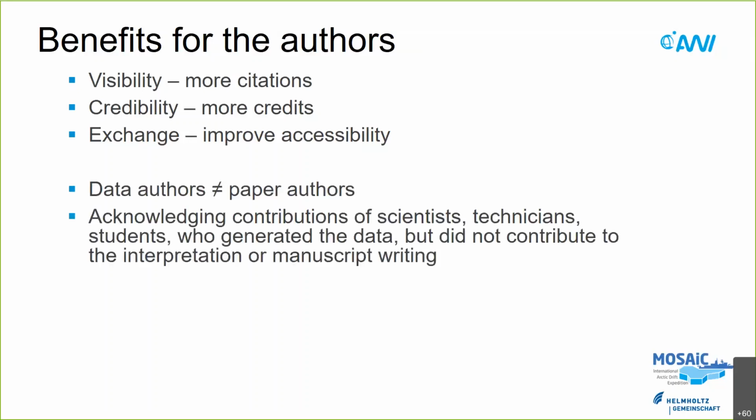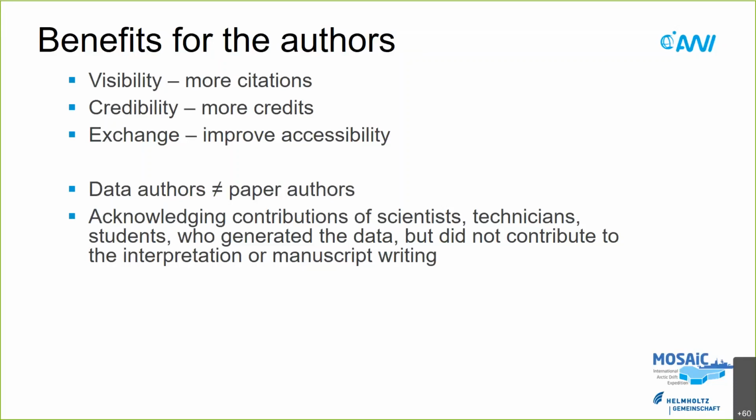The data set authors and paper authors can, but don't have to be the same. By publishing data sets, you have the possibility to acknowledge the contributions of other people who contributed to the data generation, but didn't contribute to the interpretations or manuscript writing.